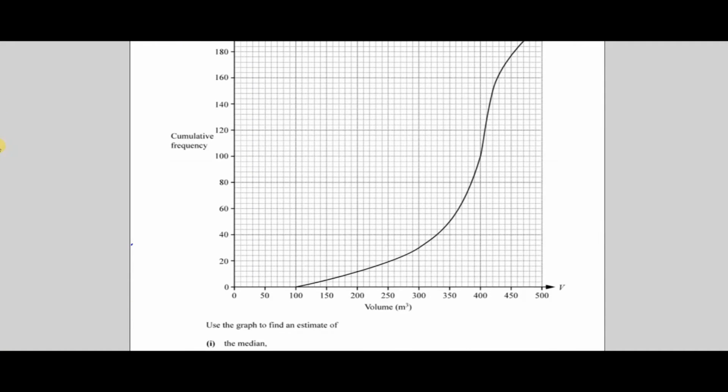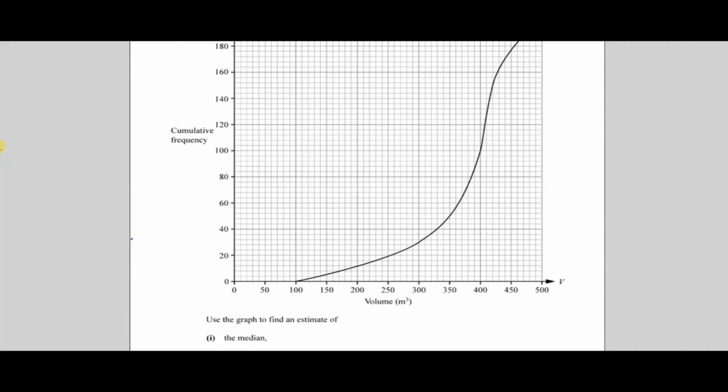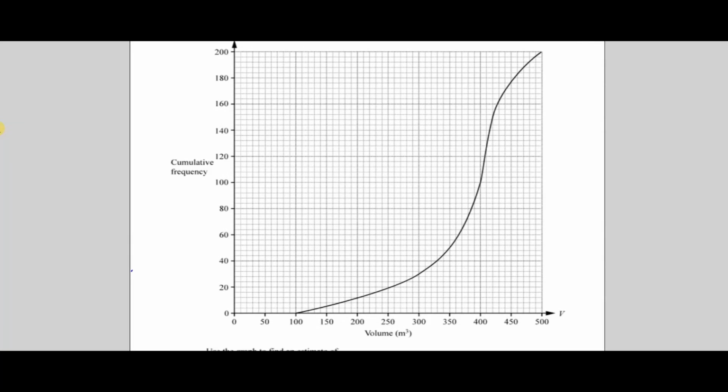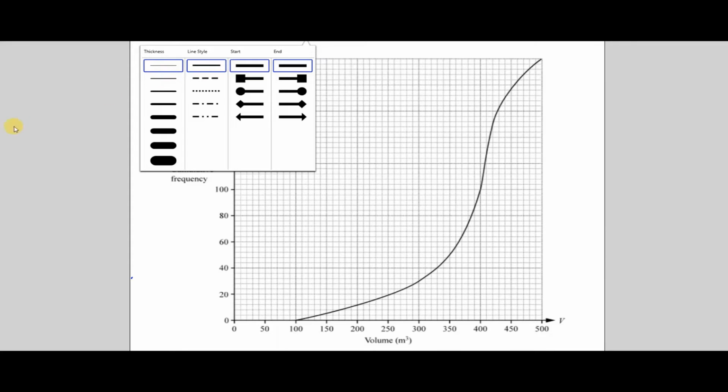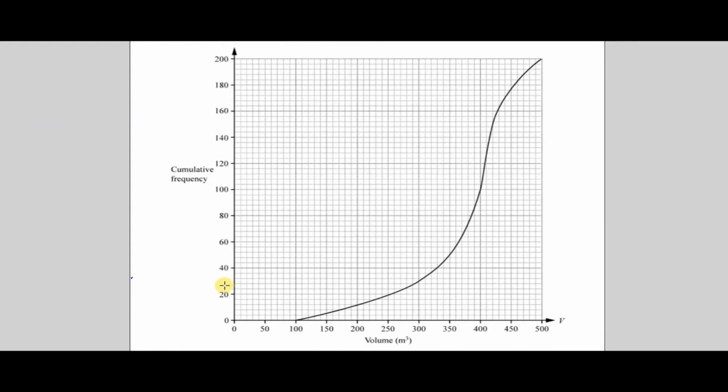So now it says use the graph to find an estimate of the median. So the median volume that the students guessed that the classroom is going to have. The median is found by going halfway along the cumulative frequency axis, the y-axis. Why is it going along the y-axis?